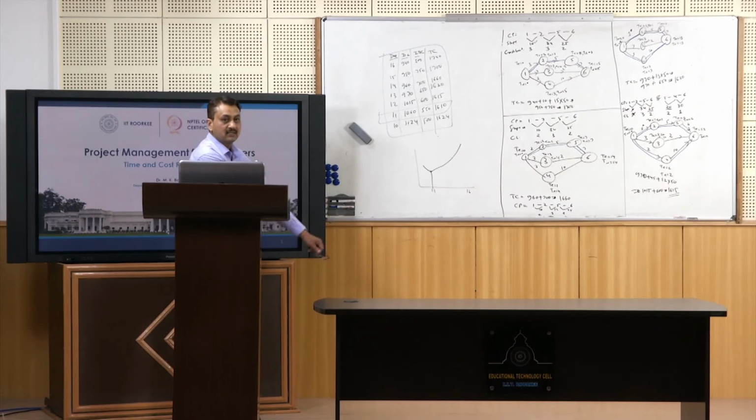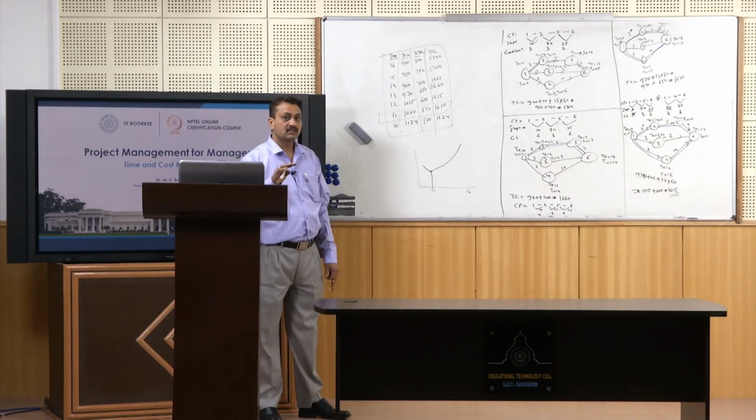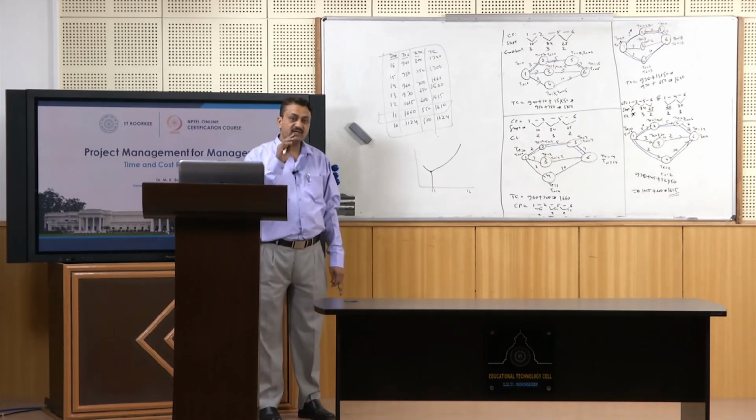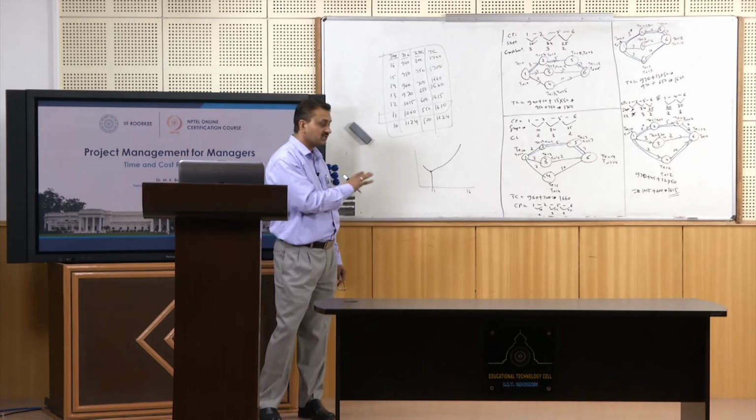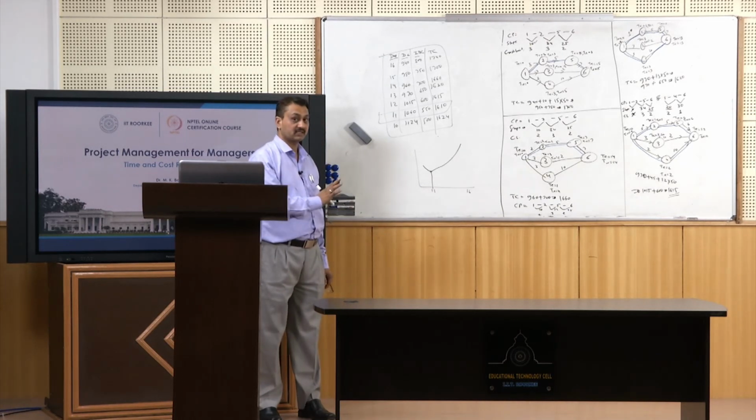In all these networks, we have reduced the duration of the critical activity every time by 1 day, though this is quite an inefficient method, but quite a simple method.